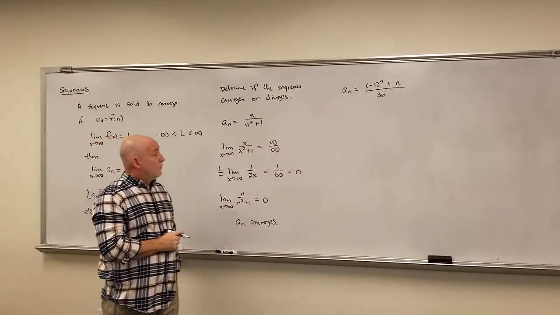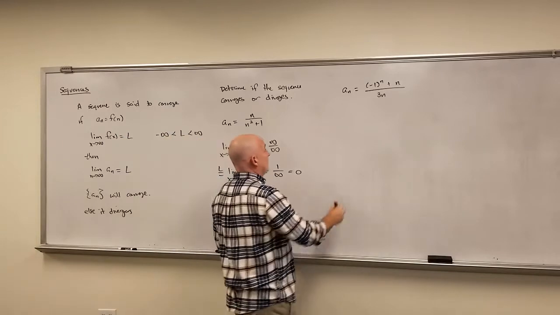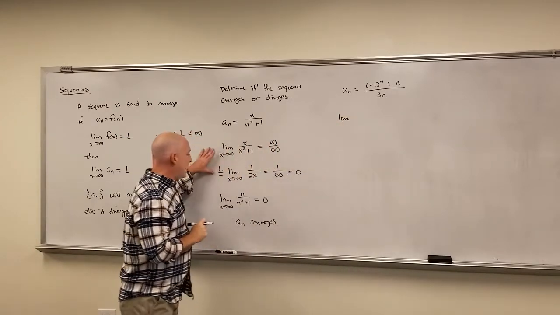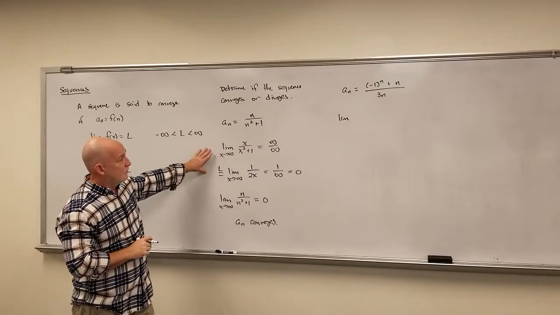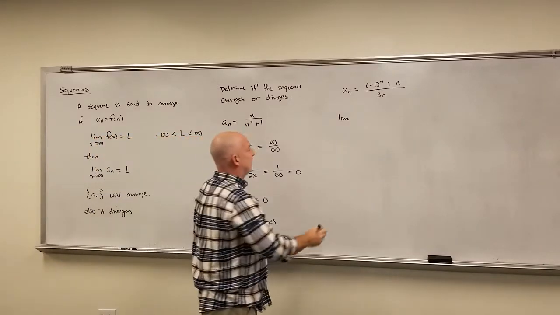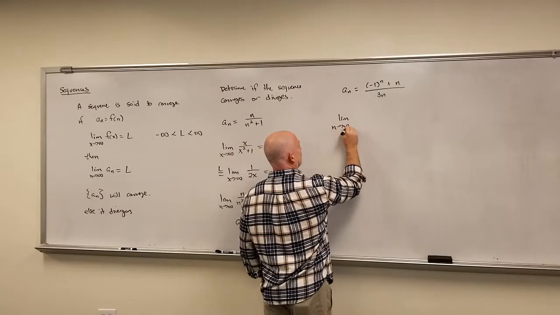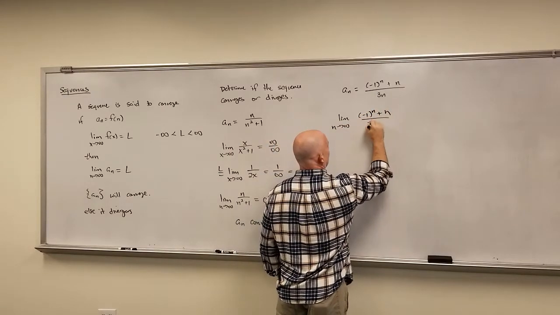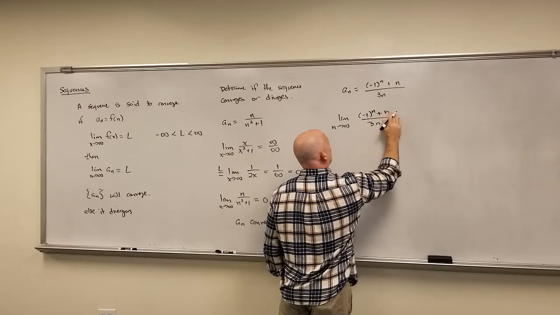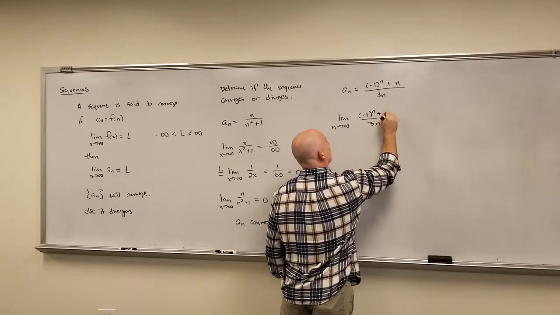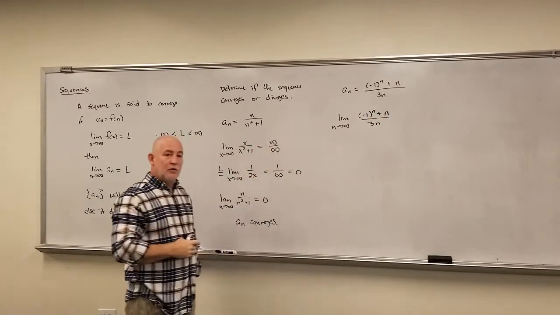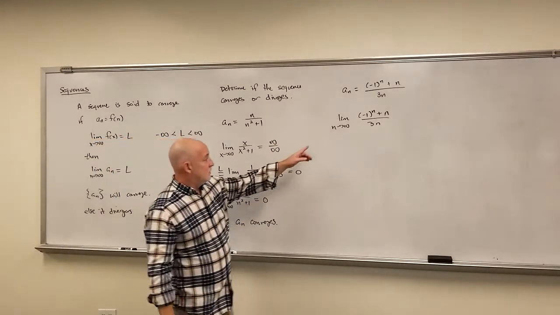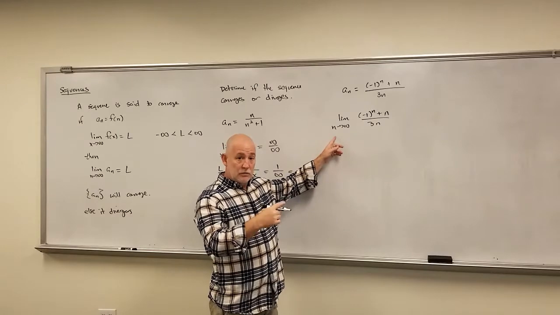All right, so if we wanted to do this, let's just take a look at the limit as, now we could go to x's here, and this is what a textbook's normally going to do, but really we're just looking at, as n goes to infinity, of negative 1 to the n plus n over 3 to the n. Well, this is a little bit tricky. The negative 1 to the n is called an alternating piece, right? Because the only values it has, remember, n is just an integer. It's 1, 2, 3, 4.